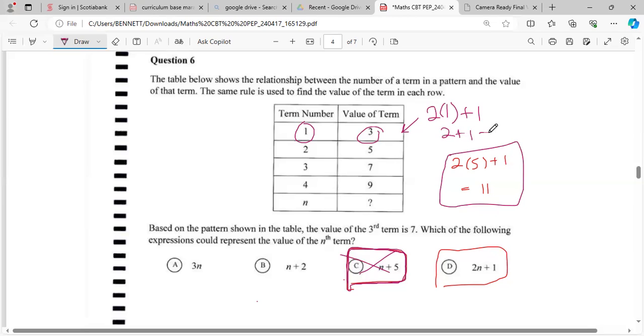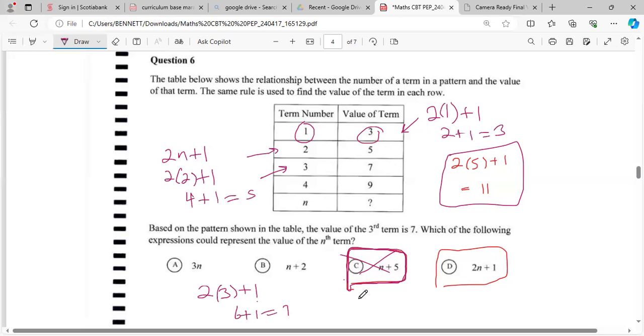So it must be consistent for all of them. We're going to use 2n plus 1 for all. Let's do it for 2. 2n plus 1, n is 2 this time, so we replace the n with 2. 2 twos are 4, 4 plus 1, 5. It works out. You do the same thing for 3: anywhere n is, we replace n with 3. 2 times 3 plus 1: 2 threes are 6, 6 plus 1, 7.